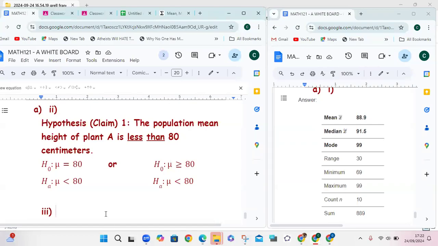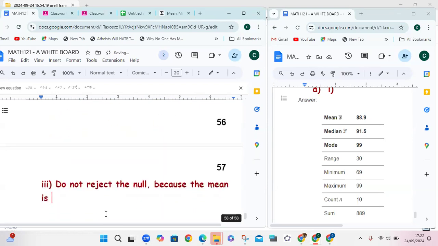So here we are typing, do not reject the null. And one of the reasons is because the mean is 88.9, which is more than 80.